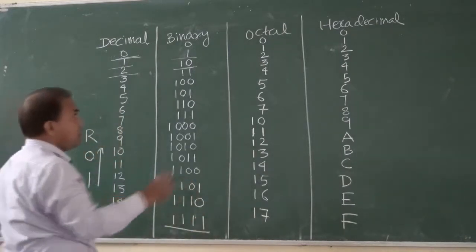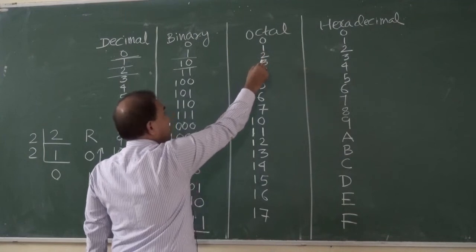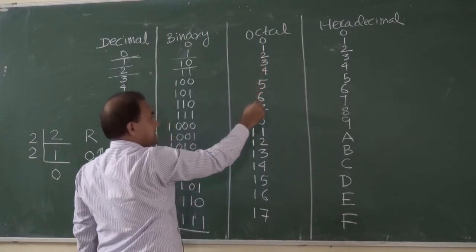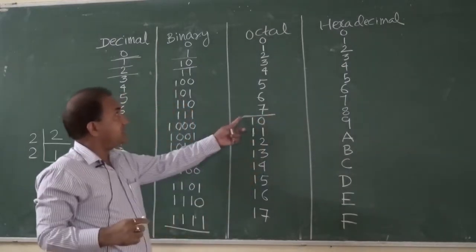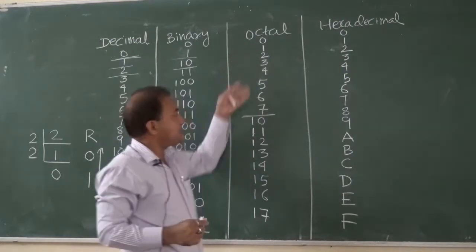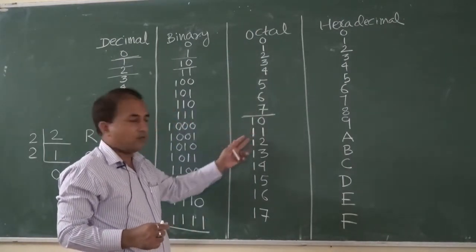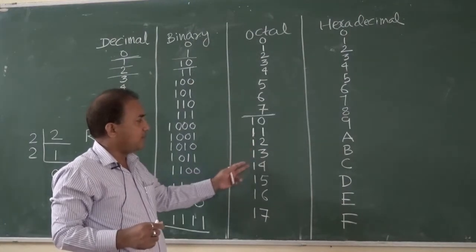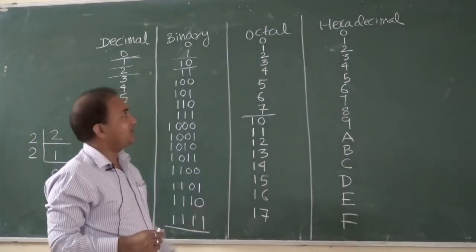Okay. Now similarly for octal it is 0 1 2 3 4 5 6 7. So the symbols that can be represented in the octal number system are from 0 to 7. Then it is 1 0, 1 1, 1 2, 1 3, 1 4, 1 5, 1 6 and 1 7.